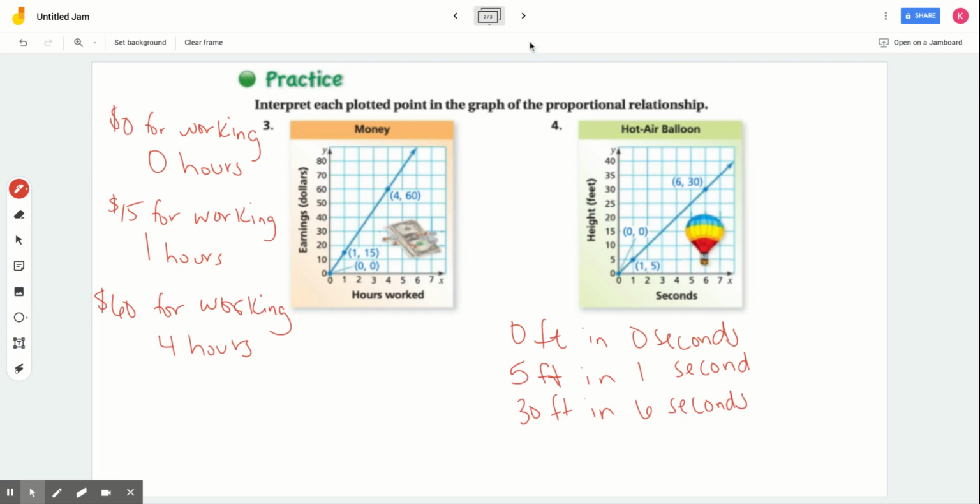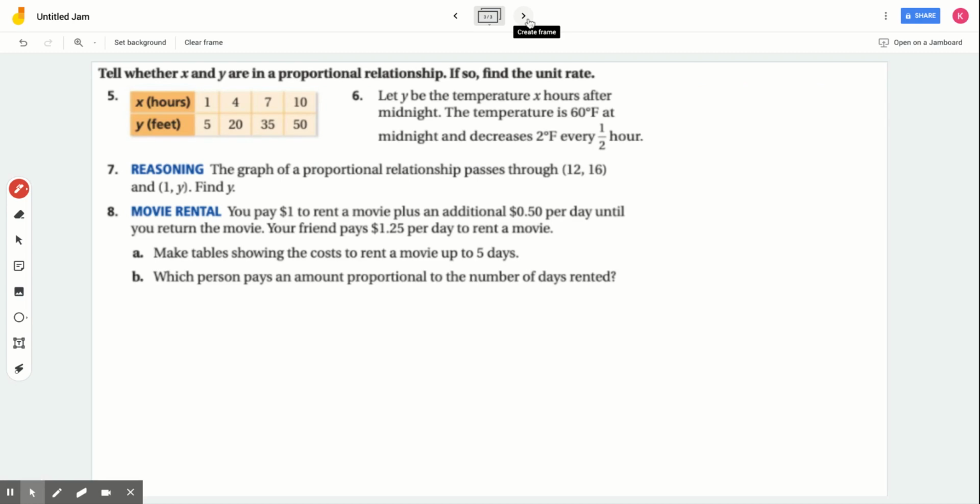Now, as we look at numbers 5 and 6, it says tell whether x and y are in a proportional relationship. If so, find the unit rate. So on number 5, we can see that 1 times 5 is 5, 4 times 5 is 20, 7 times 5 is 35, and 10 times 5 is 50. So we are multiplying by 5 each time.